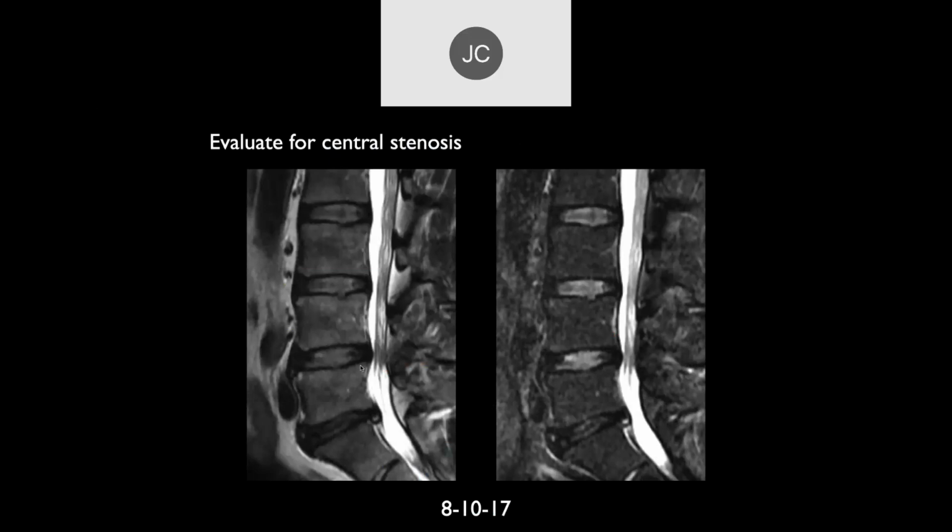Okay. So we have two sagittals of the L spine to evaluate for central stenosis. That's what they did the MR scan for. I don't see any high-grade central canal stenosis. Looks like a disc extrusion almost at L5-S1 with a little high intensity zone in it. Mm-hmm.